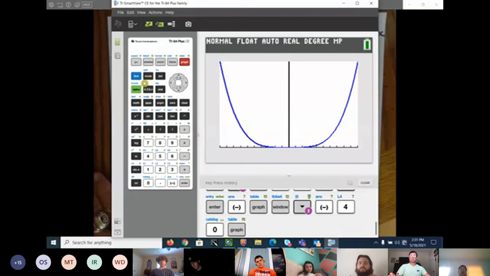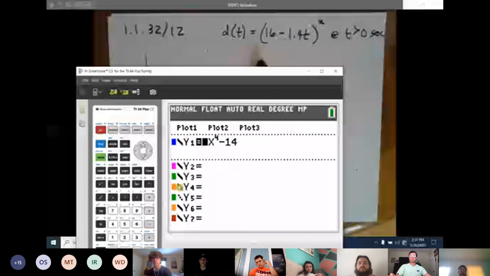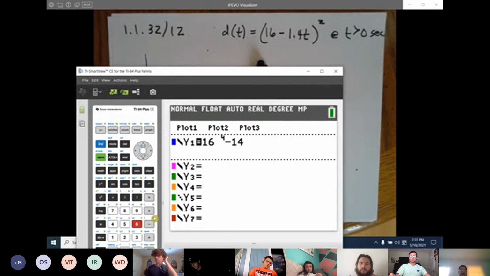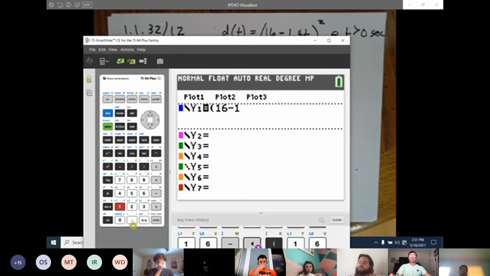I may have gotten mixed up with the previous question that I went over. What is it? 16 minus 1.4, let me just clear it. 16 minus 1.4. I've got to put parentheses around it. There we go. 16 minus 1.4, t raised to the second power.